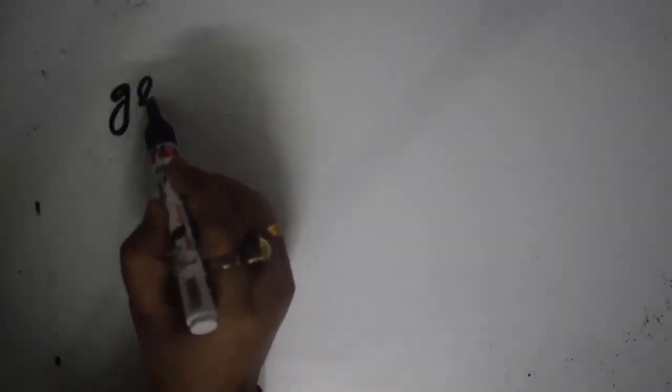In that situation, we use quasibinomial instead of binomial. Other things are the same. So this is the GLM function.